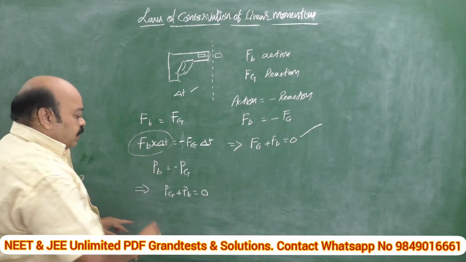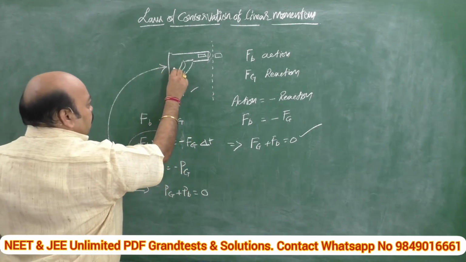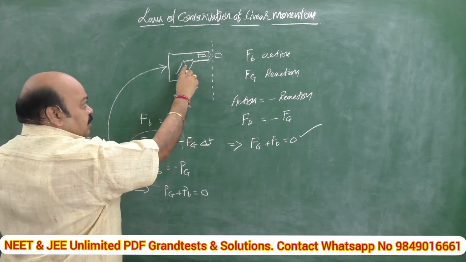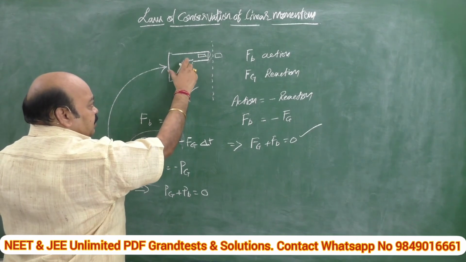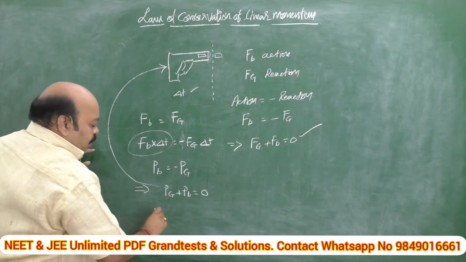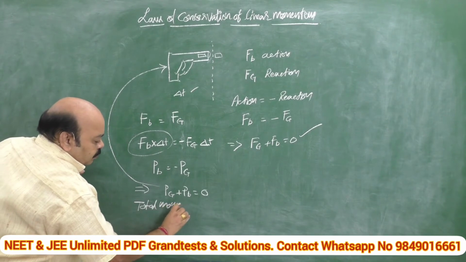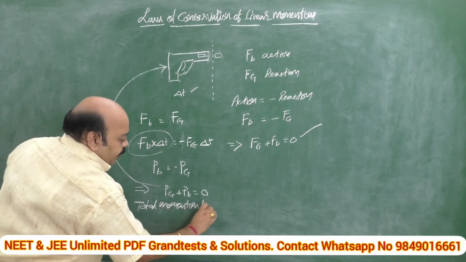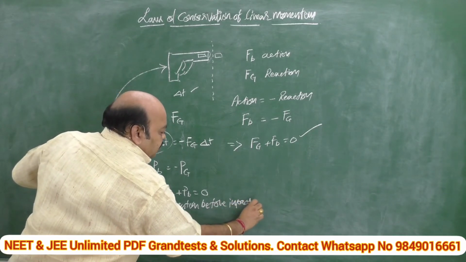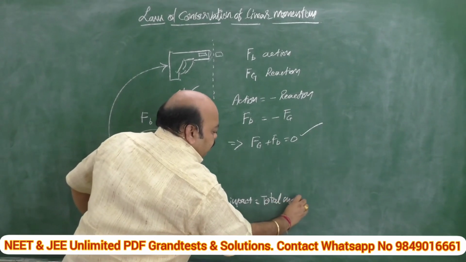If you observe carefully, let us consider the initial position before firing the bullet. Both the gun and the bullet are at rest. So what is the total initial momentum of this system? That is 0. Hence, we can conclude that total momentum before impact is equal to total momentum after impact.